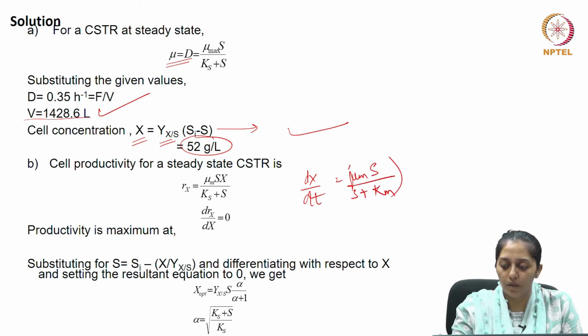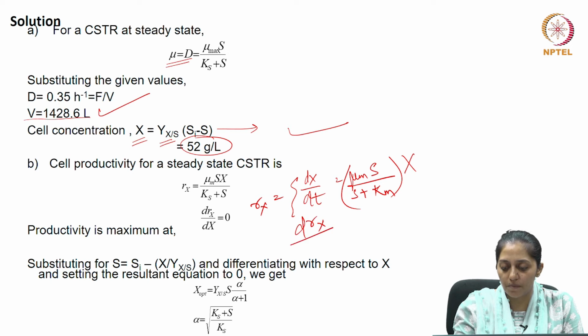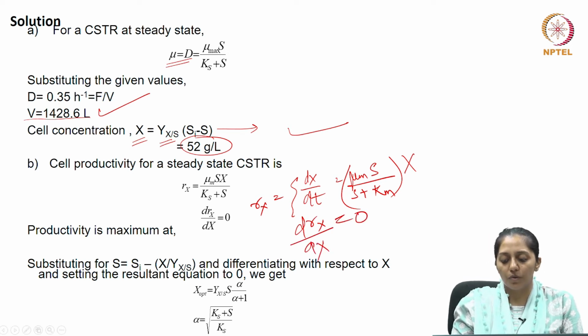This is mu times x. Now, we know to find maximum productivity, this Rx has to be again differentiated with respect to x and should be put to 0 to determine that value of x at which dRx by dx would be 0.